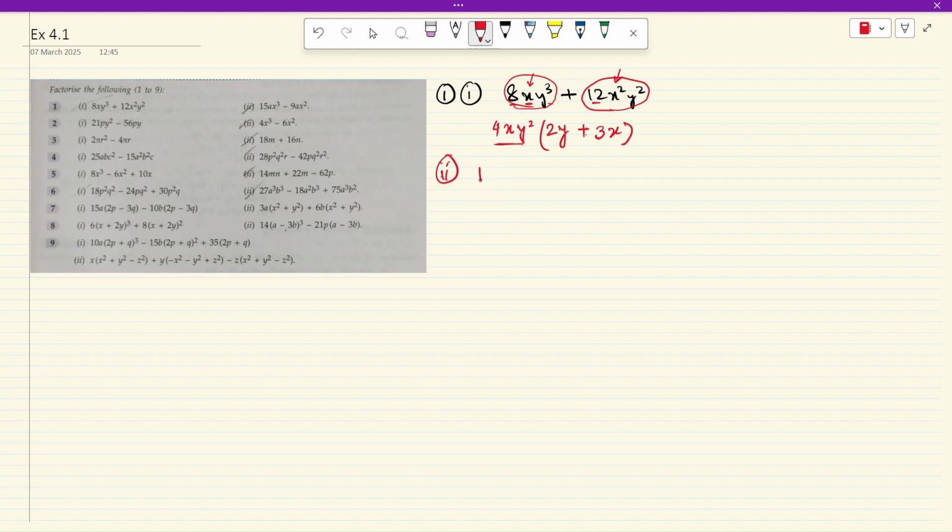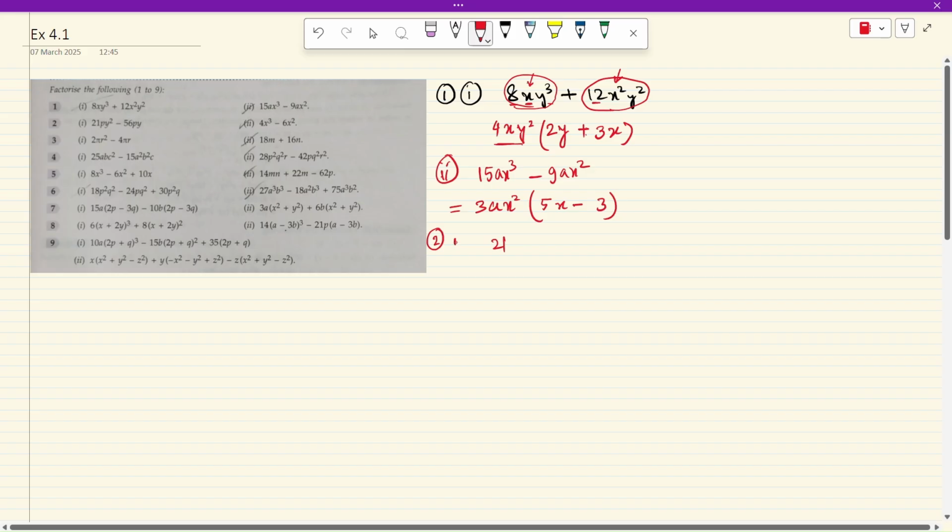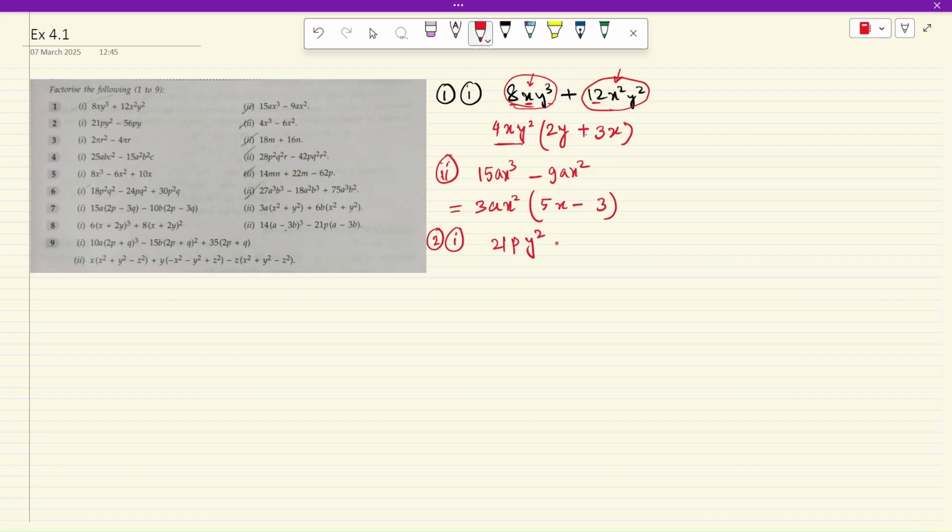We have 15ax cube minus 9ax square. So we will take 3 as common, ax square, this will be 5x minus 3. This will be 2, Roman 1, 21py square minus 56py.